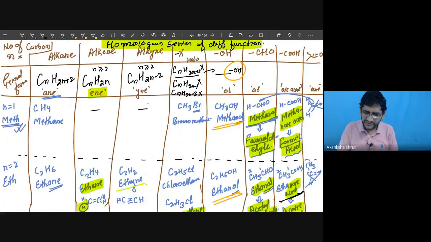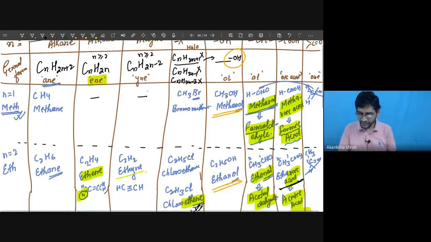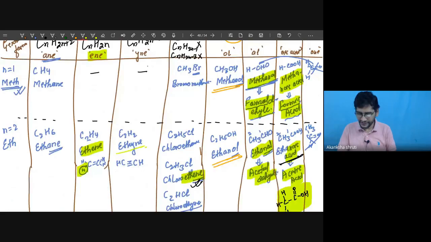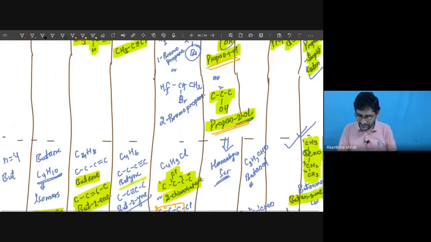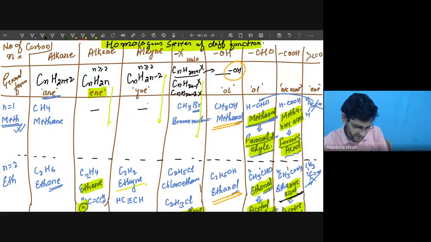Similarly, for the halogens, we have taken chlorine and bromine, and we have written the different names. So these are the series. For each one, if you go vertically downward, it will give you the homologous series. Going this way downward is the homologous series of alkene.